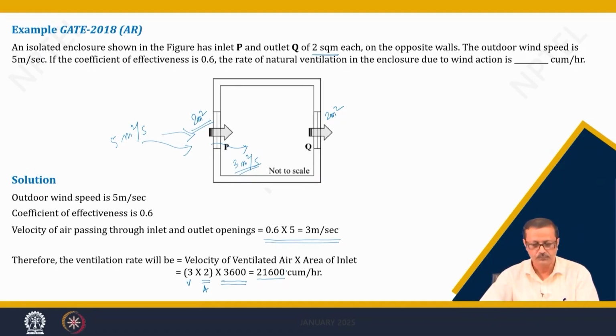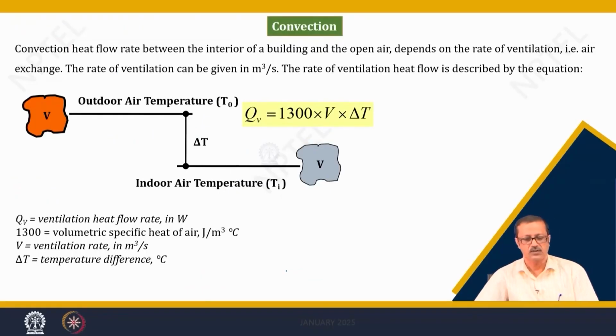Okay, very easy, but you need to know what to do and how to deal with this kind of problem. Now, the convection: as we discussed in the very second lecture, in the very first slide, there are 3 types of heat transfer. One is conduction, which we have discussed. We also discussed radiation in the last lecture, and now convection. Convection is the way a fluid, particularly in our buildings the air, takes heat from one place to the other.